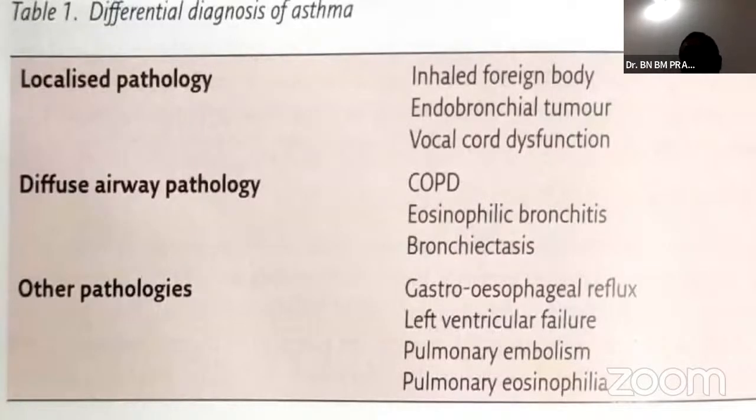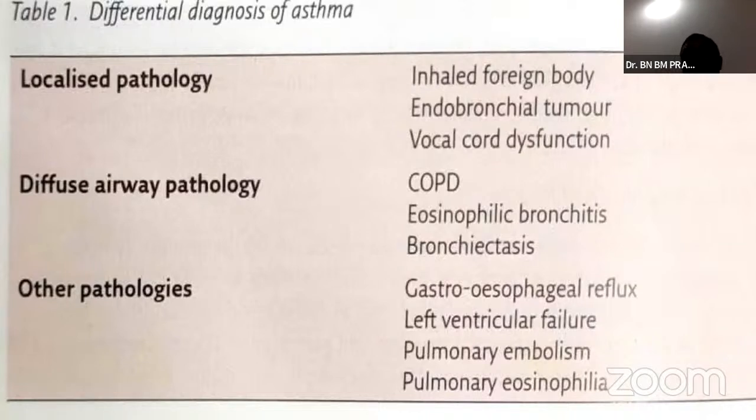So when we look at asthma, all that wheezes is not asthma. It can be an airway obstruction due to an inhaled foreign body, an endobronchial tumor. It can be vocal cord dysfunction. It can be COPD with an acute exacerbation. It can be an entity called eosinophilic bronchitis, chest syndrome, bronchiectasis, gastroesophageal reflux, left ventricular failure, that's called cardiac asthma.